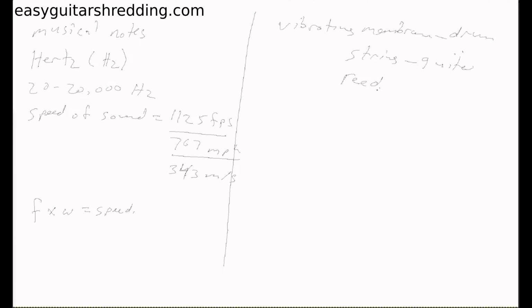Now, the air can be disturbed in a number of ways. A vibrating membrane, such as a drum, a vibrating string, such as a guitar, a vibrating reed, such as a woodwind.